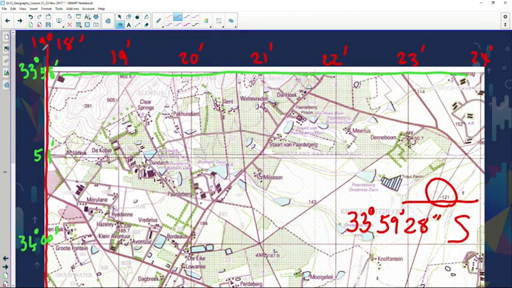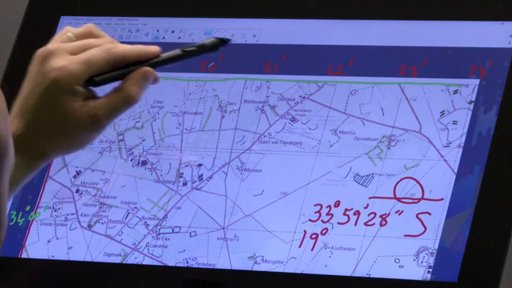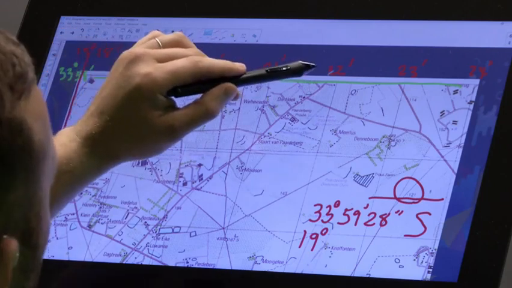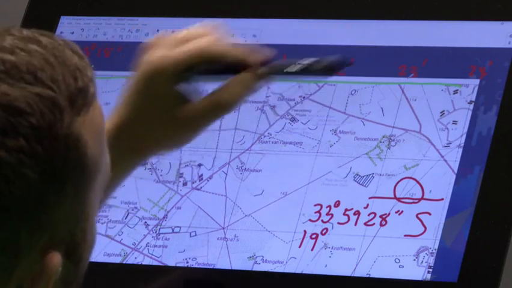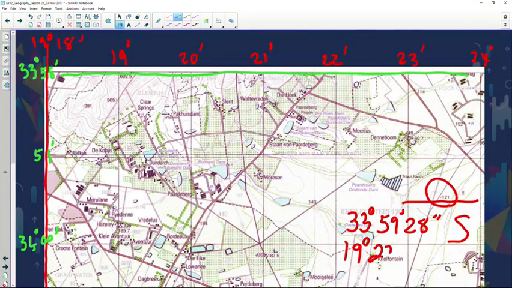The longitude is 19 degrees. 18 minutes is over there, 19 over there, 20 over there, 21, 22, 23, 24. So it's between 23 minutes and 24 minutes. So it's 23 minutes. And if we divide this block grid into 2, where the spot height is probably 31 seconds east.